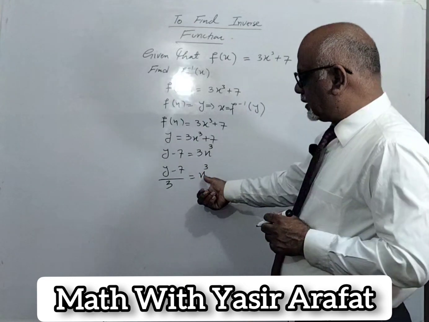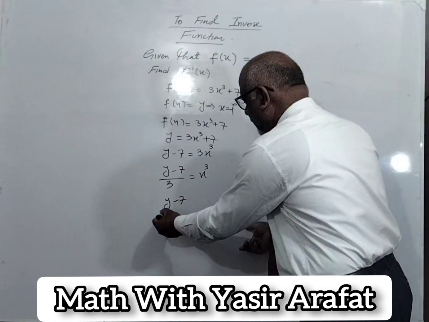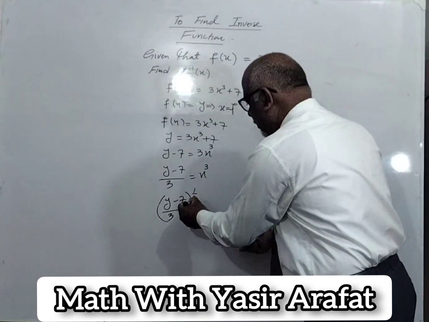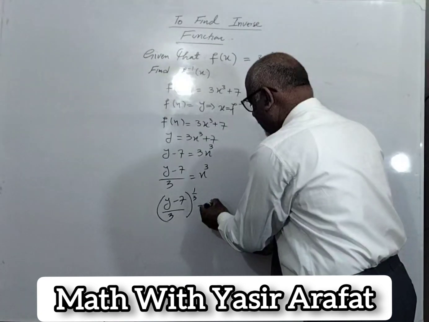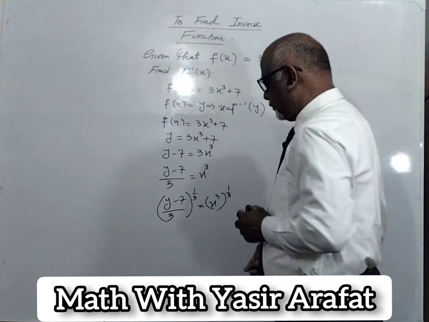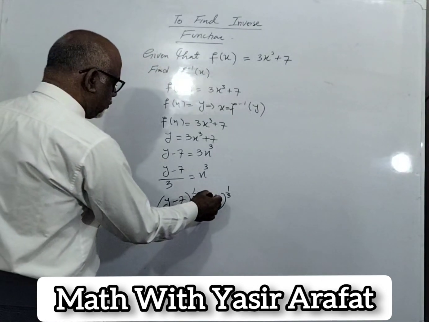We need x, so take out the cube root on both sides. So this is (y minus 7 over 3) whole power 1 upon 3, that is equal to (x cube) power 1 upon 3. So this 3 here will cancel out with this one.